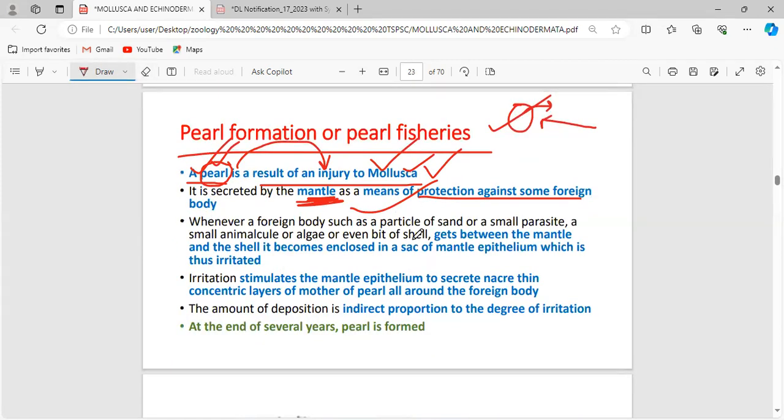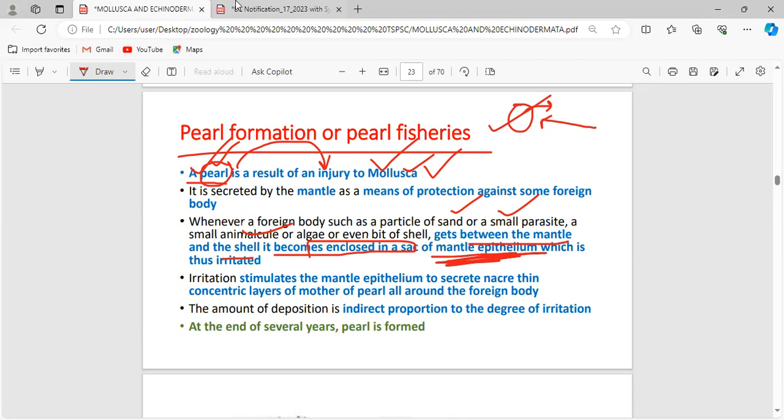Now, whenever a foreign body, such as a particle of sand or a small parasite, a small animalcule or algae, or even a bit of shell, gets between the mantle and the shell, it becomes enclosed in a sac of mantle epithelium.